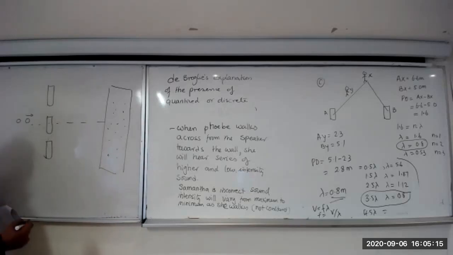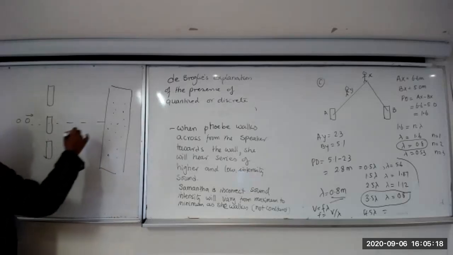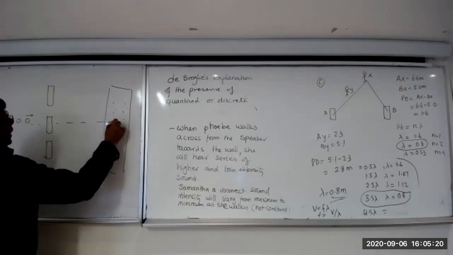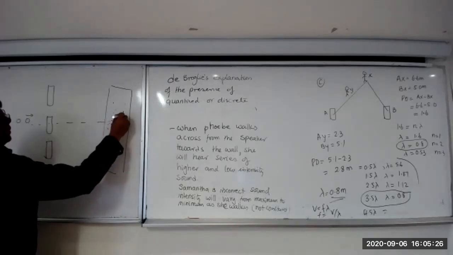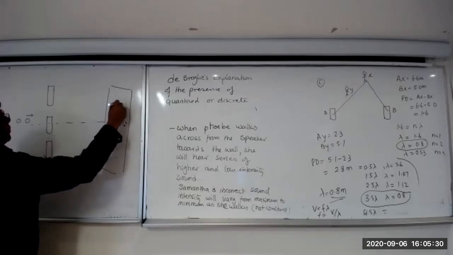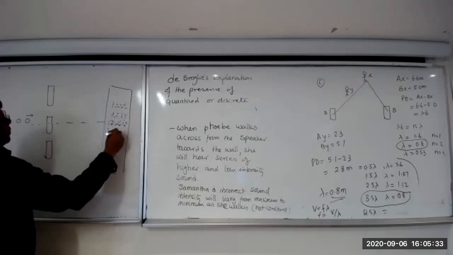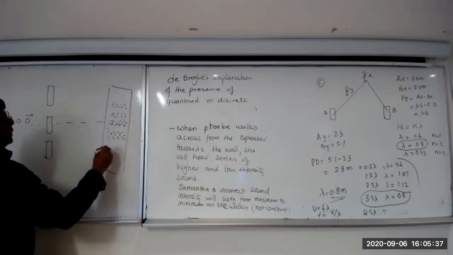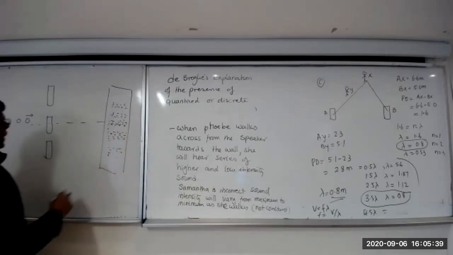Over time, if you let this experiment run, you can see a clear pattern emerging. The clear pattern we can recognize as an interference pattern. Interference is purely a wave behavior, wave nature. So you need to say that.